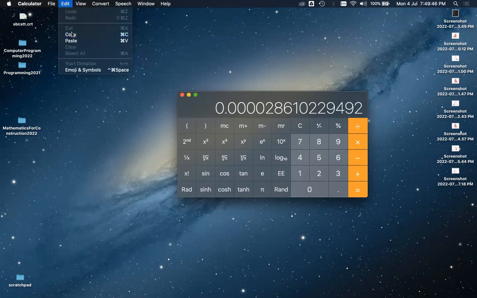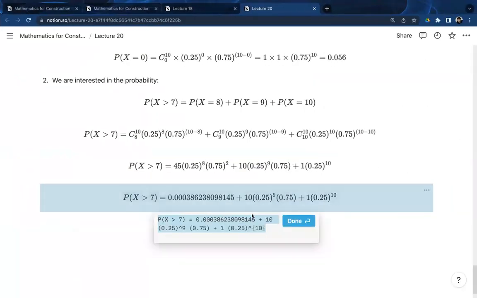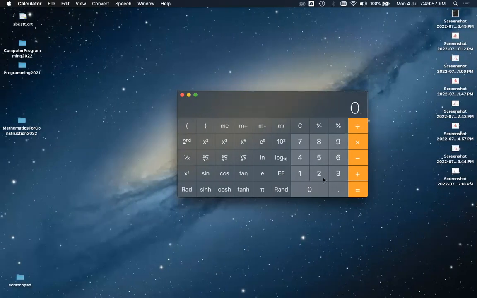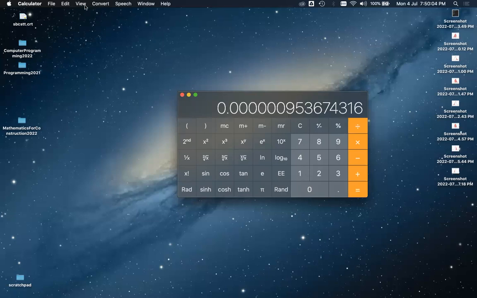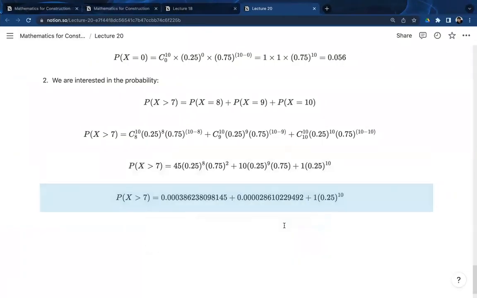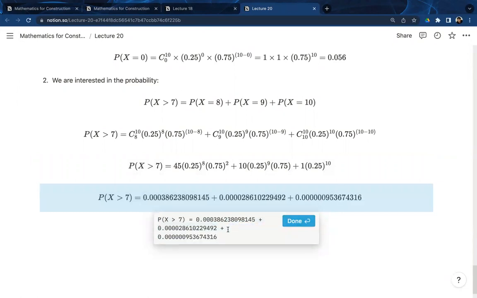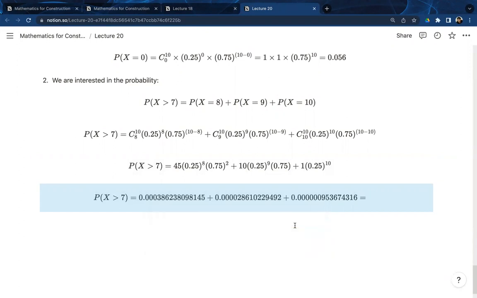Still very small. And 0.25 to the power 10, oh, this is even smaller than all of those things there. Right?